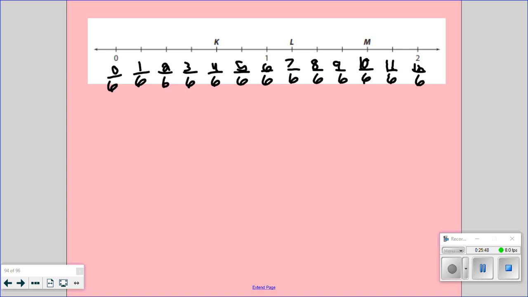Mason, you think you can give me the value of K? It is a little tricky. That's okay. I'm going to give you some number lines in a second so you won't have to redraw them. All right, Mason, what are you thinking? 4/6. 4/6.